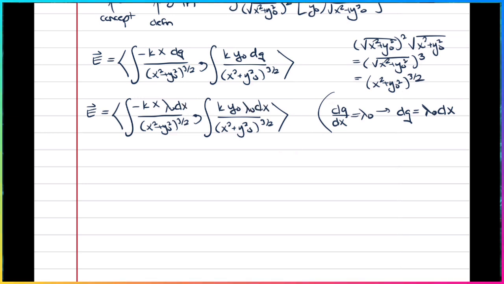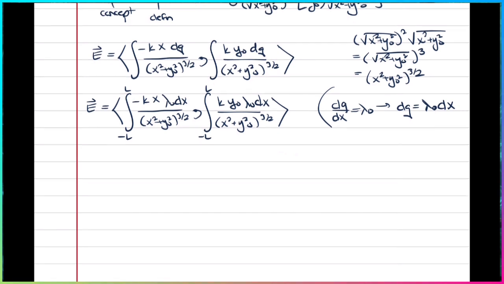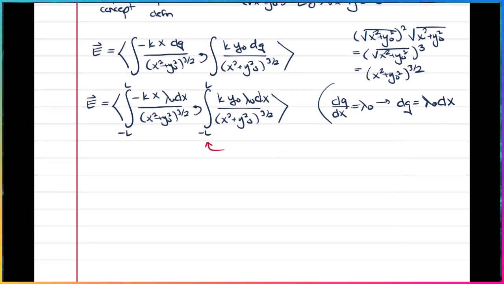And I can go even further and say, since I'm integrating over x, because that's what's after the d, it's dx, I know that I'm going from negative L to L. And again, just so that it's super clear, these definite integrals mean that x goes from negative L to x equals positive L.